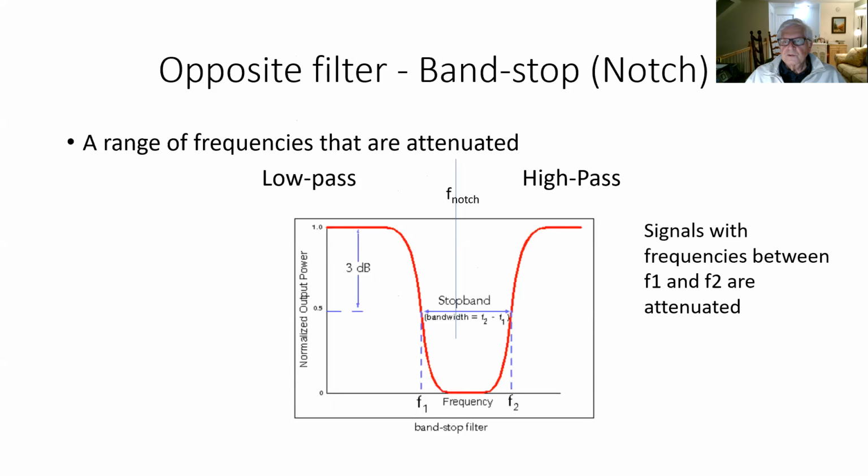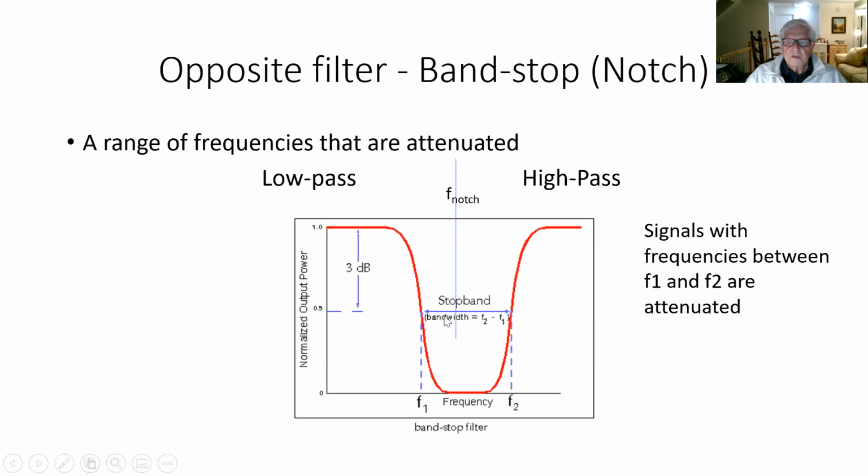The opposite is true if we want a band stop, or what we call a notch filter, right? So basically, between the lower frequency and the higher frequency, anything between those frequencies, we stop it. We essentially drive it to ground, okay?